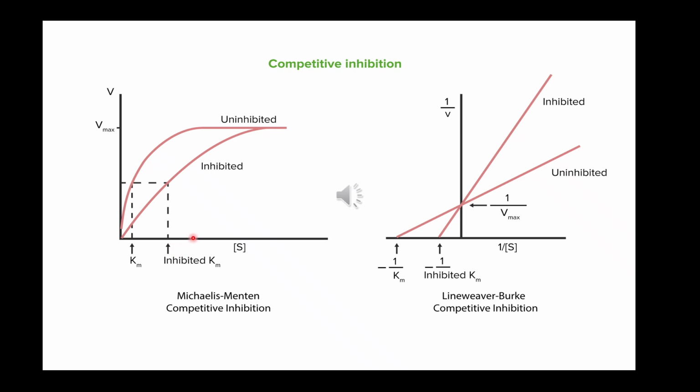When we come to the Lineweaver-Burk plot, since Vmax does not change, 1 by Vmax also does not change, but negative 1 by Km is closer to 0 in the presence of a competitive inhibitor. We have described this in detail in the previous videos.